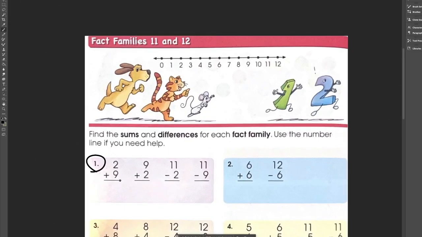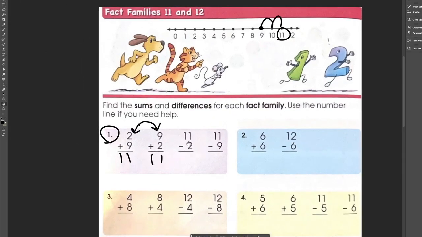So, 2 plus 9 and 9 plus 2 are the same thing. So, let's just start at 9 and move 2 spaces to the right, instead of starting at 2 and moving 9 spaces to the right. So, 1, 2, and we arrive at 11. So these both, since they are the same, are equal to 11. This checks out with the top number on the subtraction parts.